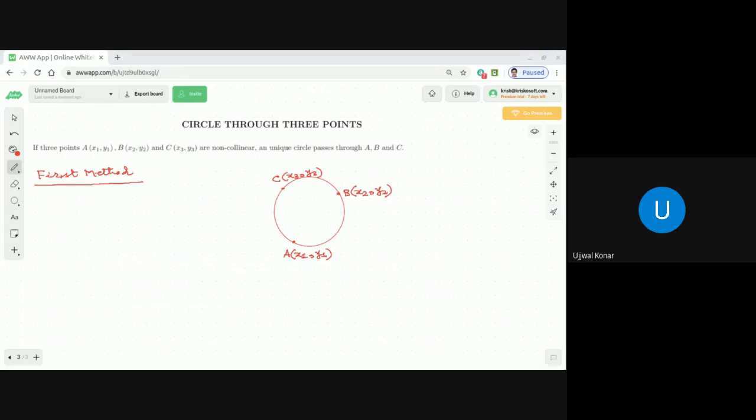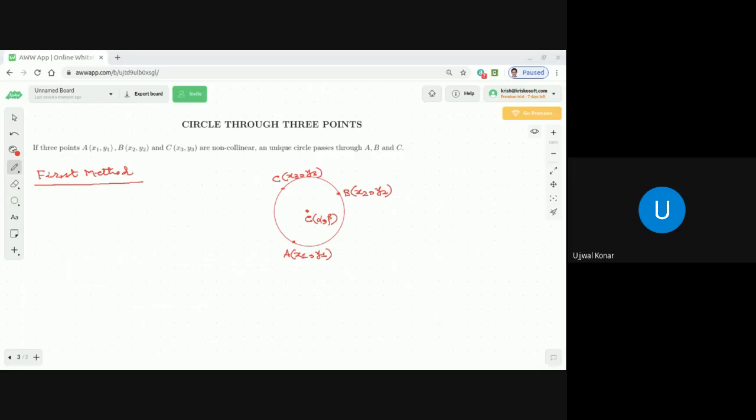Now, dear students, let's consider that the center of the circle has coordinates alpha comma beta.